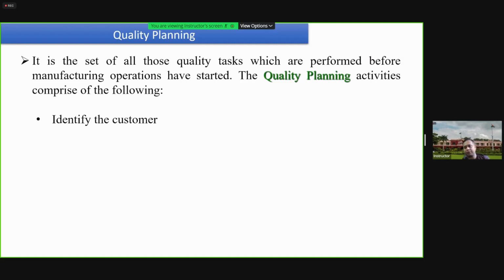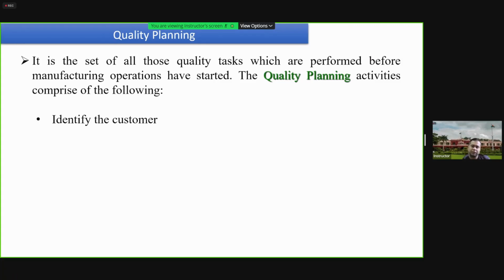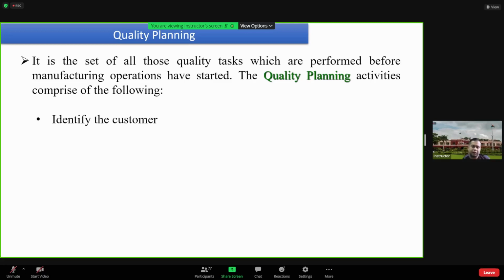The product is moving from one department to another. So one department might be sending the product, and for the second department where it is going, they might be the customer. External customers are the end users, and vendors also. So we need to identify clearly who our customers are, whether internal or external.